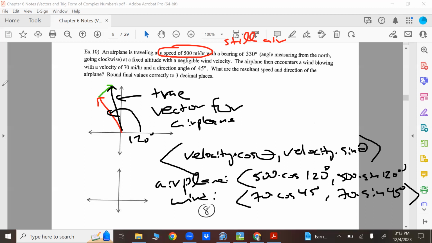You should get negative 6.7. But does that make sense, guys? Negative 6.7? No, right? You gotta make an adjustment and add 180 to it, and we'll keep working on this throughout the week.